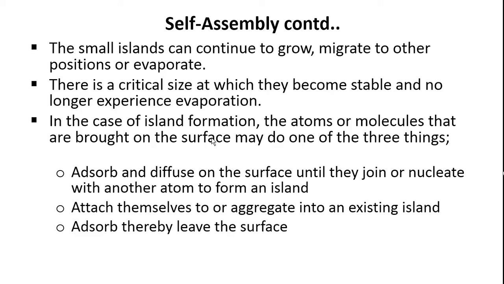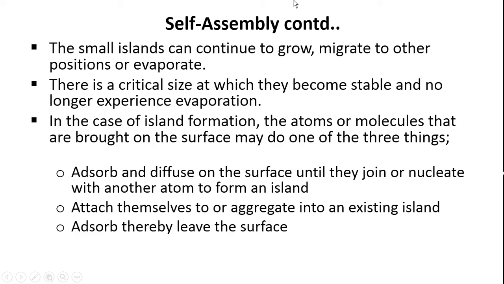So the particle that is growing on the surface may reach a size at which this system will become stable, and once it is stable, there is no longer evaporation from the system.